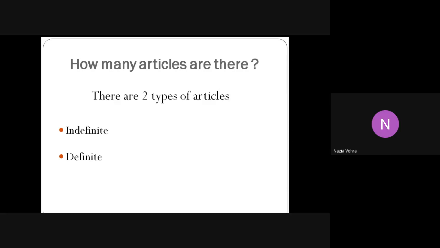Now before we move to these articles, to understand what is definite and indefinite, what we need to know is that in all the letters of our alphabet A to Z, there are two parts: one is consonants and the other is vowels. Vowels are A, E, I, O, U. What are vowels, guys?